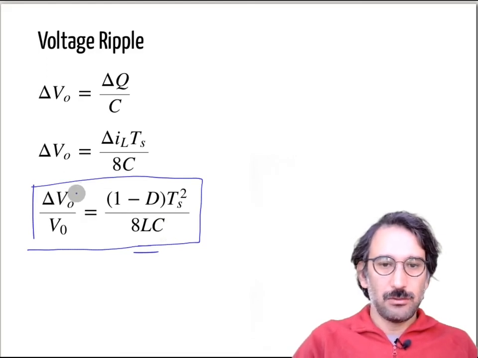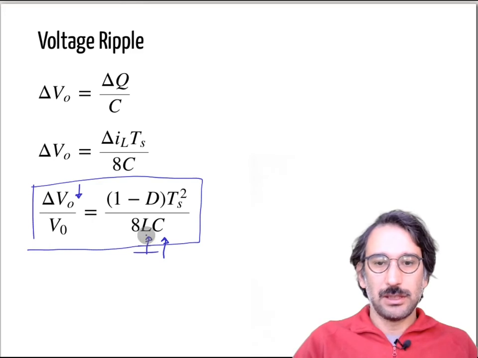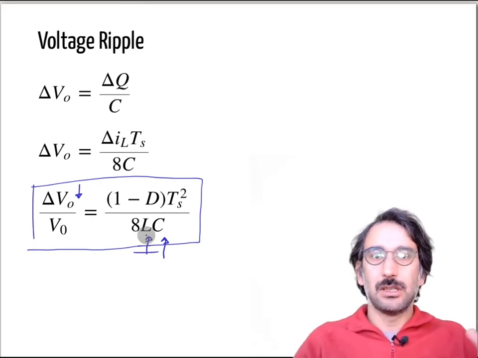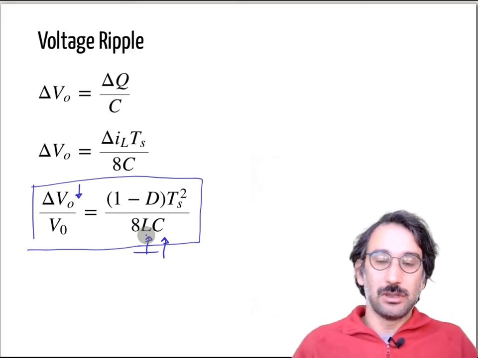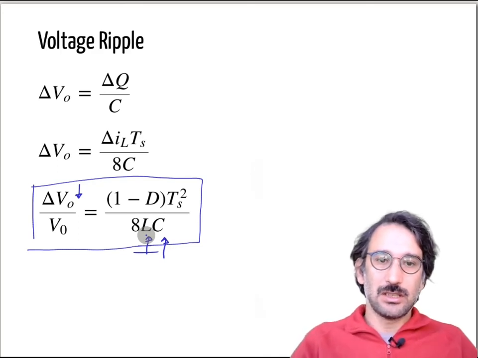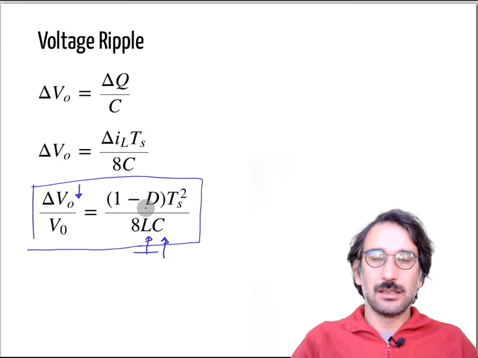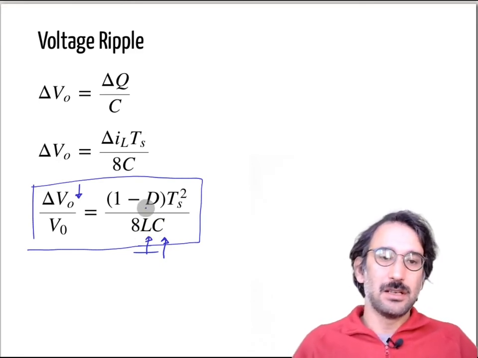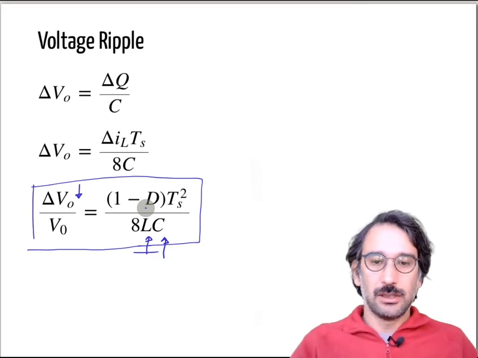Obviously, if you want a small ripple, you can increase the size of the capacitor or the size of the inductor, which is obvious. You can use a larger filter, so the output voltage will not change as much. But of course, reducing ripple by increasing the inductance and capacitor will increase your cost and also the size of the converter.